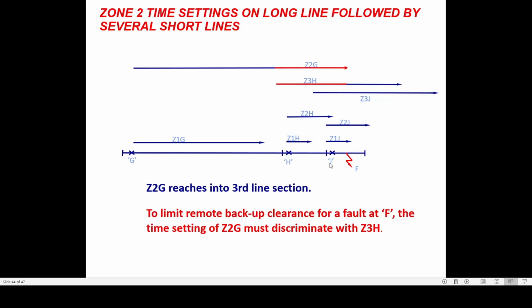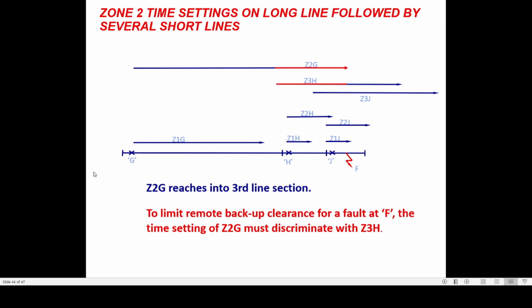Suppose these lines emanate from substation H and substation J, and these are very short lines. Suppose this long line, the line between substations G and H, is 300 kilometers, but the subsequent adjacent lines are only 20, 30, or 40 kilometers.